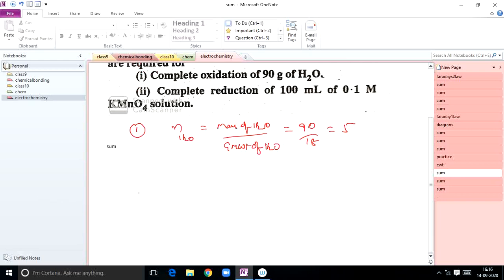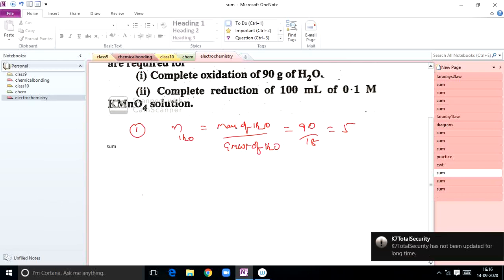Now 5 moles of water will require... See, actually for 1 mole of water, how many electrons? 1 mole of water requires 2 Faraday. You already know in the above example, 1 mole of water requires how many Faraday?